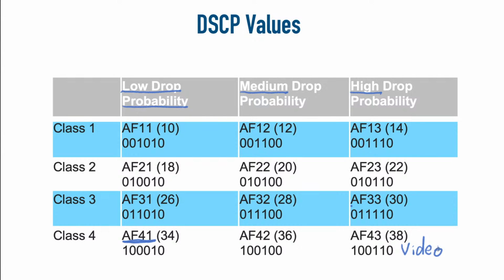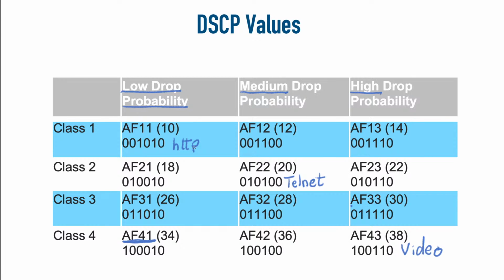Let's say that I have telnet traffic, and these are not best practices, I'm just making these up. Let's say I have telnet traffic marked with AF22. And let's say that I have web traffic, HTTP, marked with AF11. Now imagine that queue is starting to fill up.